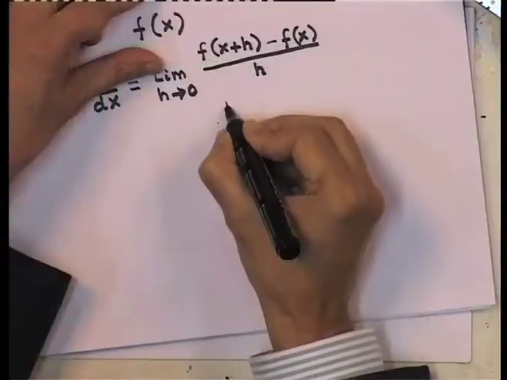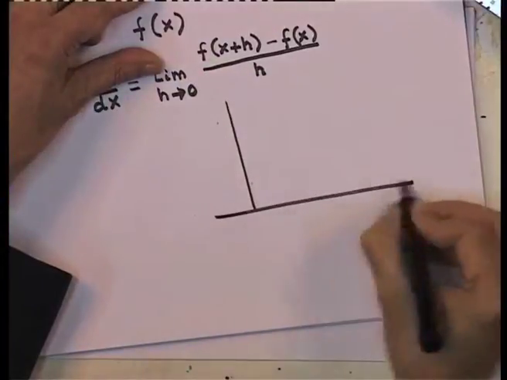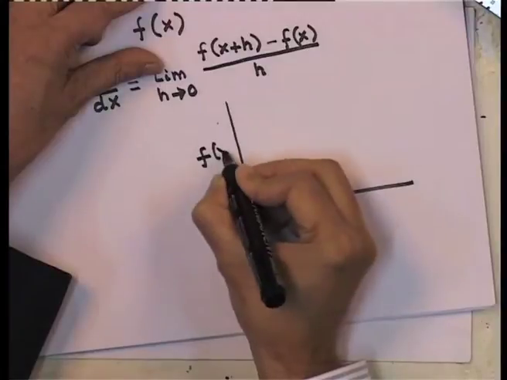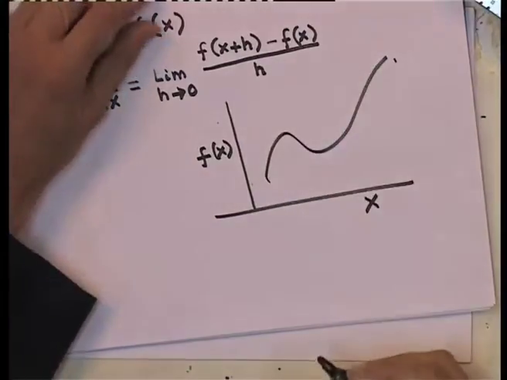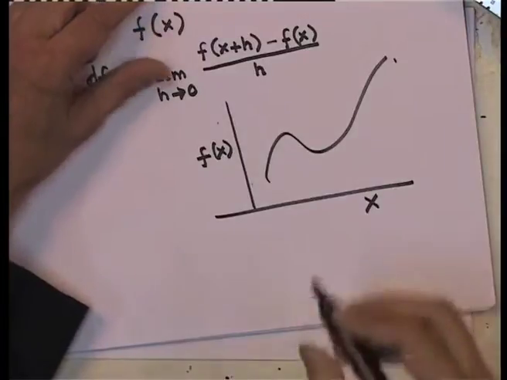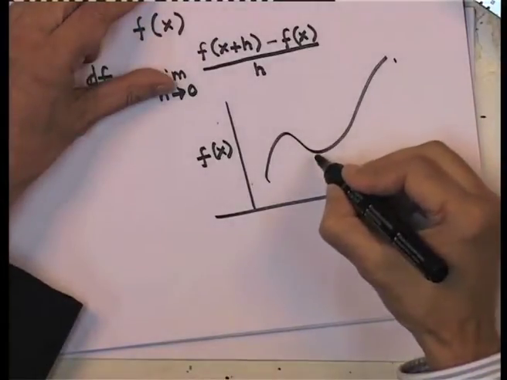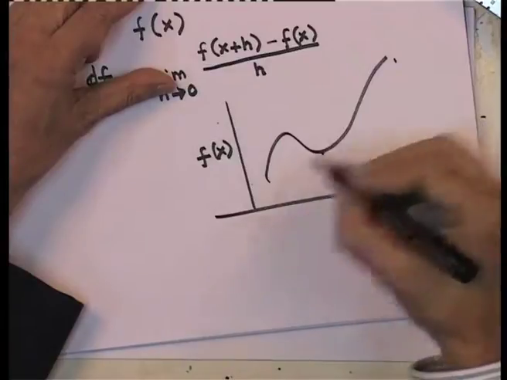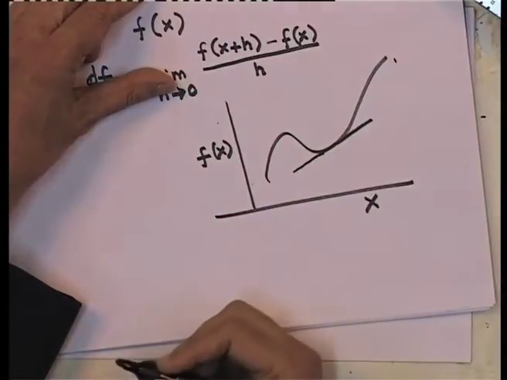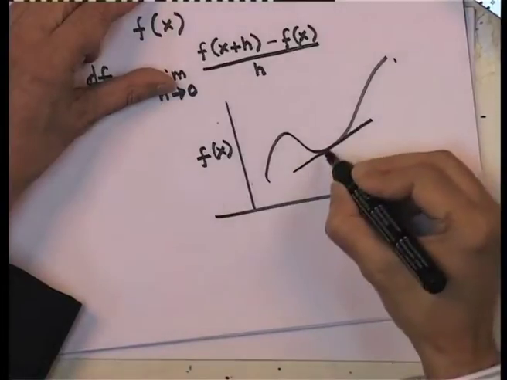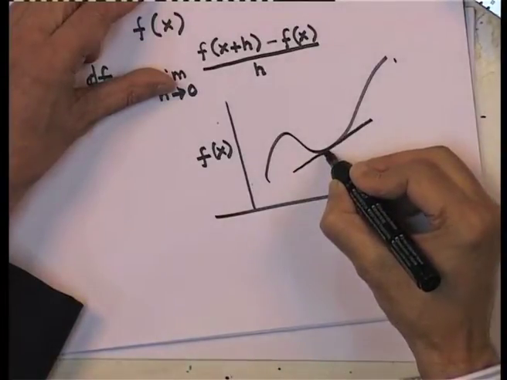Now, we have a problem. Let me first tell you how to interpret this. Supposing this is a graph of a function with x, so I can draw an arbitrary graph. You notice that if I am at a given point and I draw a tangent to it, that is the definition of the slope at that point, the geometrical interpretation.